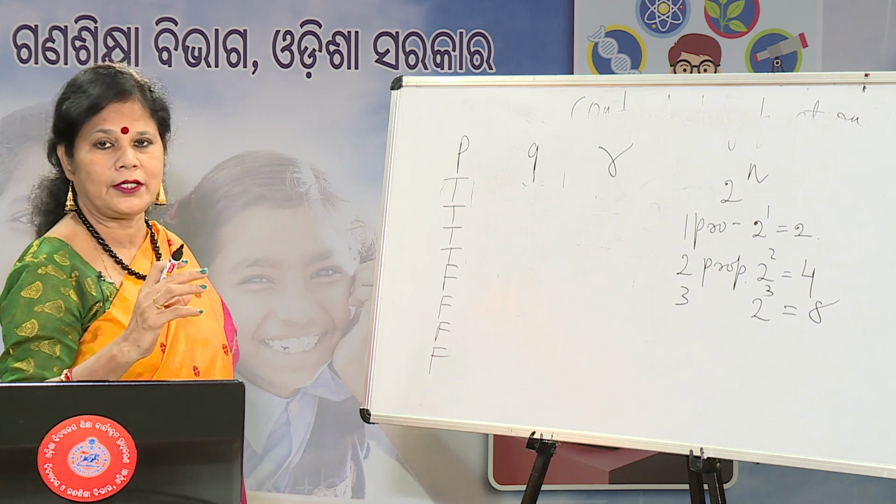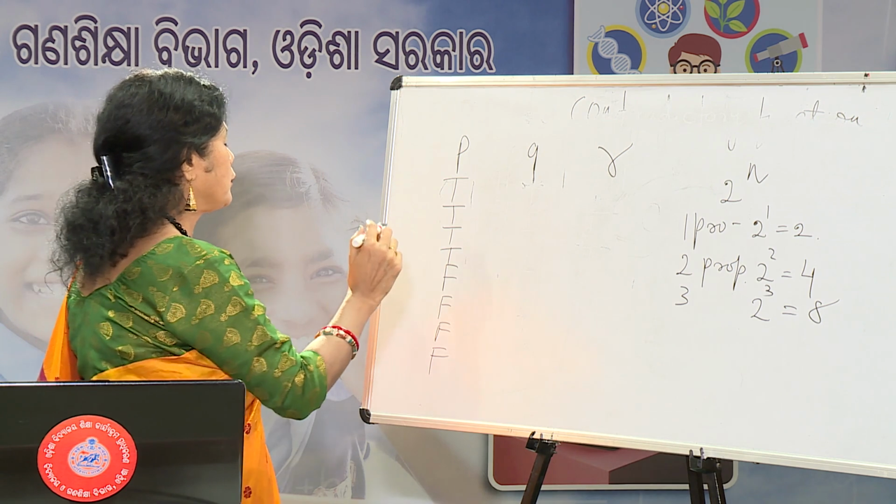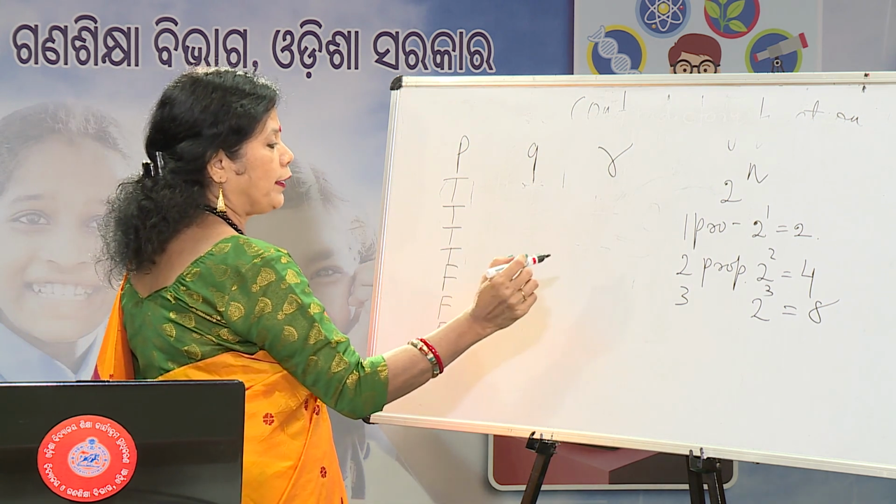Now truth value will be determined from 8 possibilities. Let us see what the truth values are. Divide 8 by 2, that is 4.